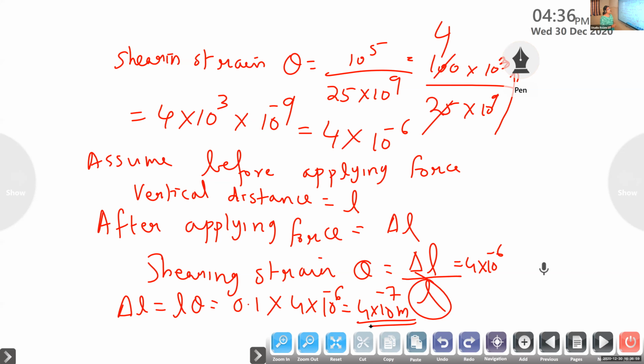Anyone who did not understand, I will explain the problem once again. We only have to understand the question and what things are given to you. If you want to find the vertical deflection, we have to get how much it is displaced.